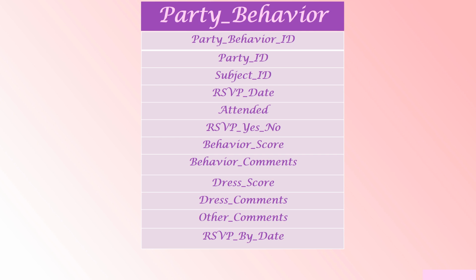She wanted to keep track of any subjects who RSVP'd after the RSVP date or didn't RSVP at all. She wanted to keep track of the best and worst dressed for awards and pictures to feature on Princess Wear. So Cathy Creator created a table called Party Behavior that could store information like behavior score, dress score, and actual RSVP date.